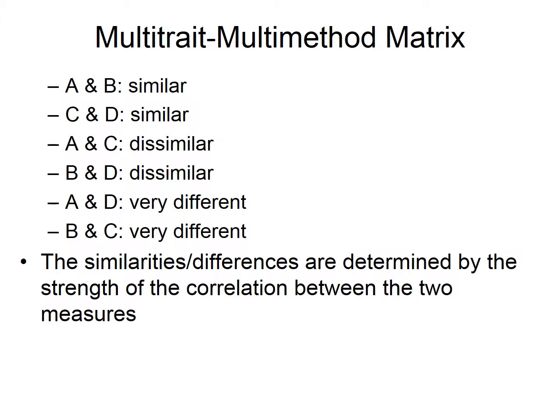So the multi-trait, multi-method matrix then assumes that A and B should be similar. They're measuring the same construct with different methods. That C and D should be similar. They're measuring the same construct, in this case anxiety, but with different methods. A and C are different constructs, but the same method. So there might be some relationship. Basically, people who take self-report measures tend to respond in similar patterns.